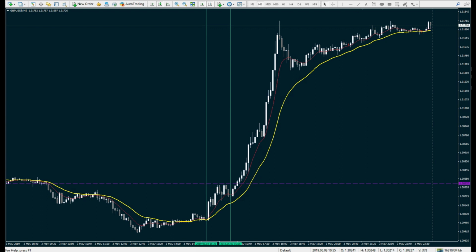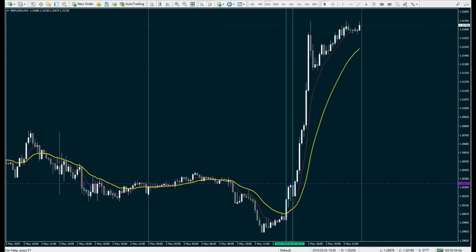So we are narrowing down, or dissecting, the W pattern in a shorter time period. We see on the 15-minute that beautiful W pattern happen here.